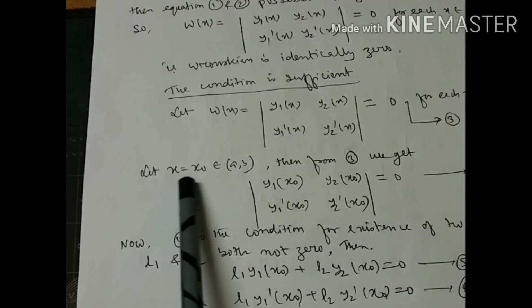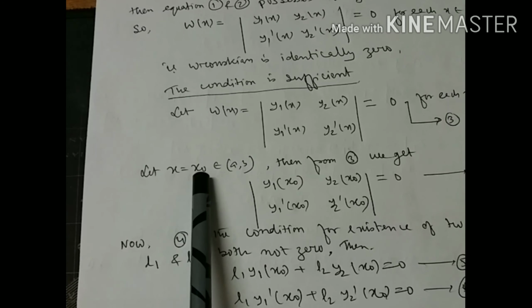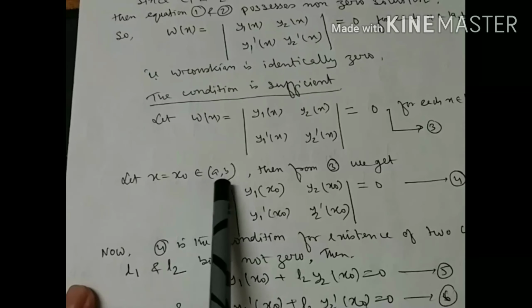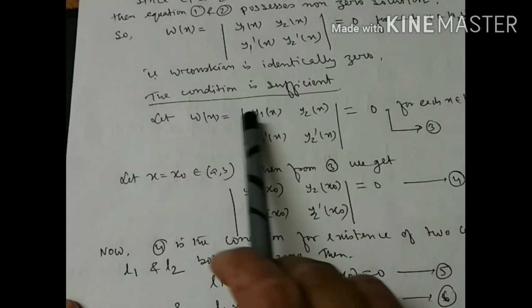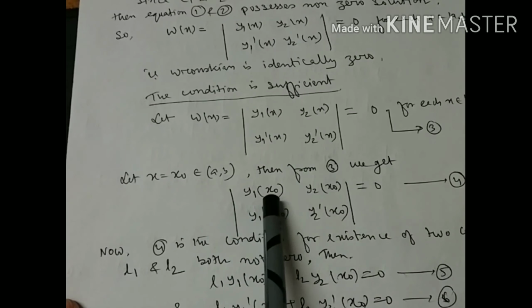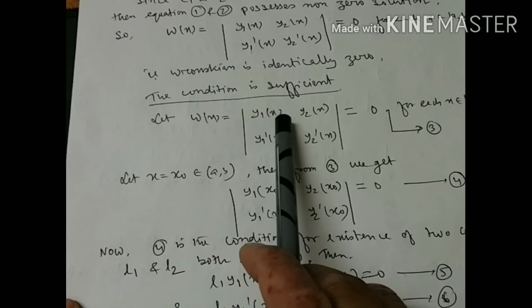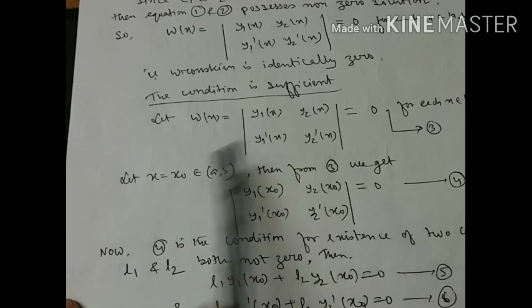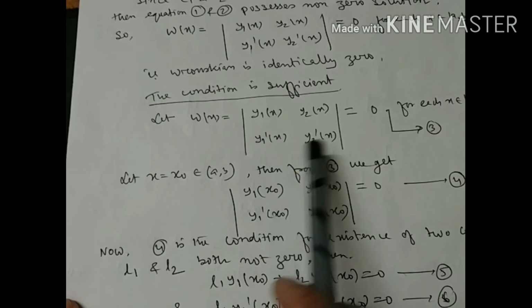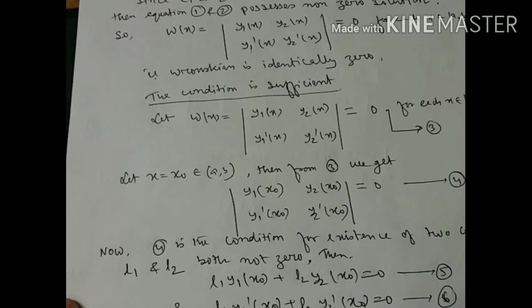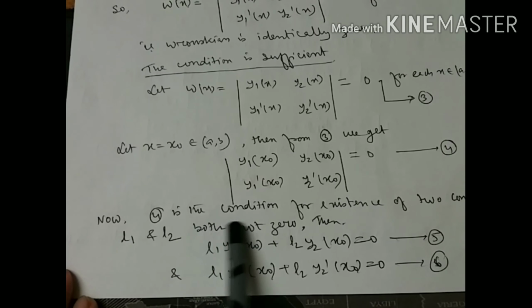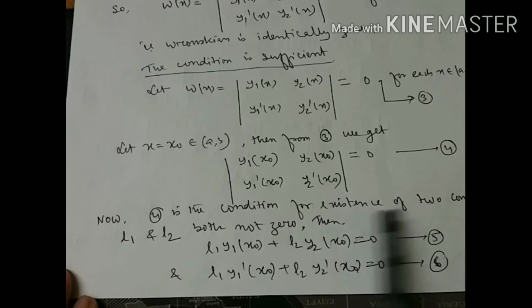We have to prove that y1(x) and y2(x) are linearly dependent, right? So we take a point x equal to x naught belonging to AB. Putting x naught in place of x in this Wronskian, it is equal to 0. Now this is the condition for the existence of two constants.